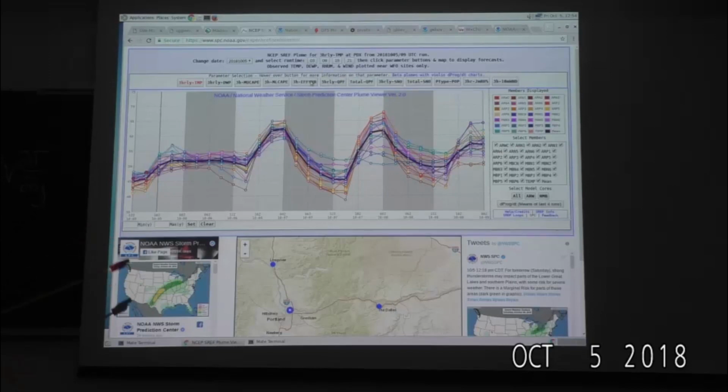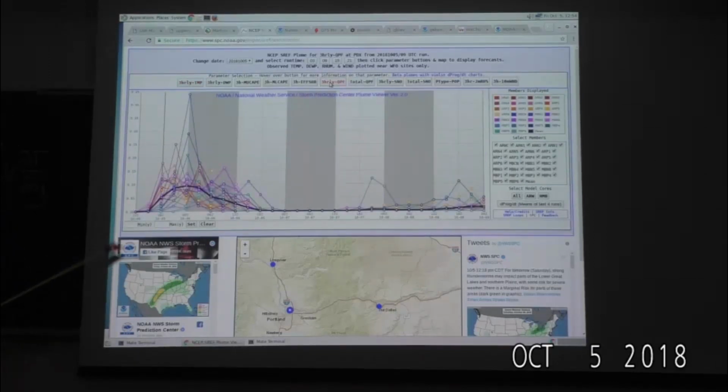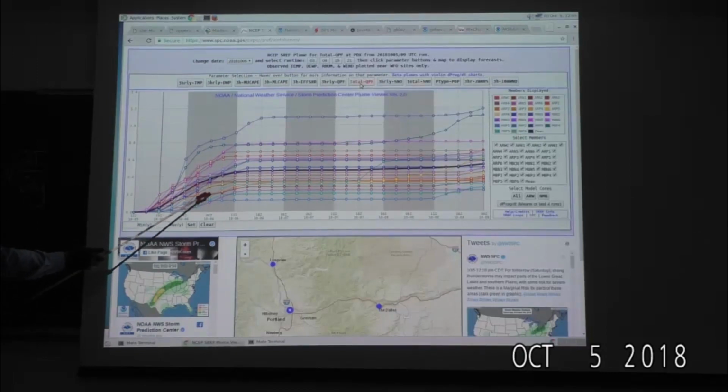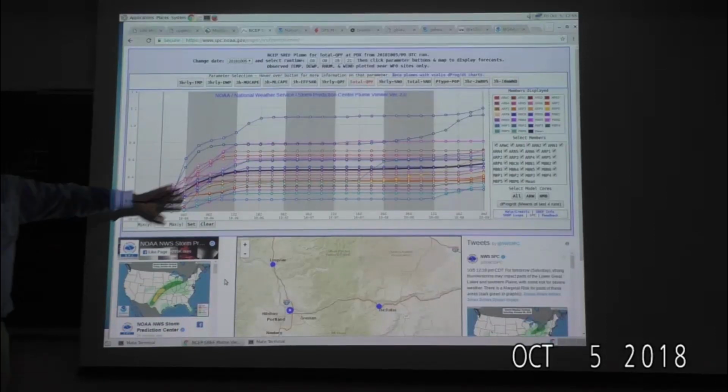I think we all did poorly on the temperature, but for the precipitation, if we look at the total QPF, we're going for about a quarter inch of precipitation by 6Z. Some of these models got it right, but on average, it's about 4/10 of an inch, or maybe as much as 8/10 of an inch if things are really crazy. I don't know, we'll see on the forecast. But that's another resource for those of you in the forecasting contest, looking at these.